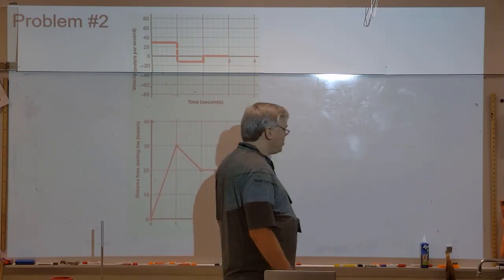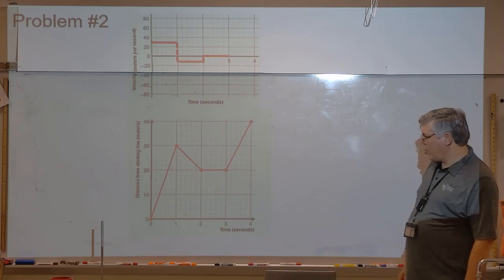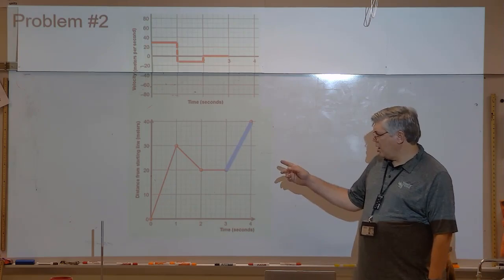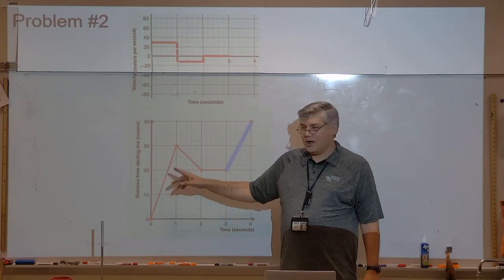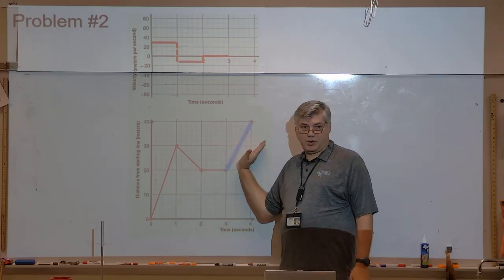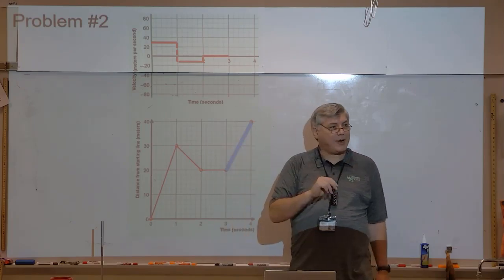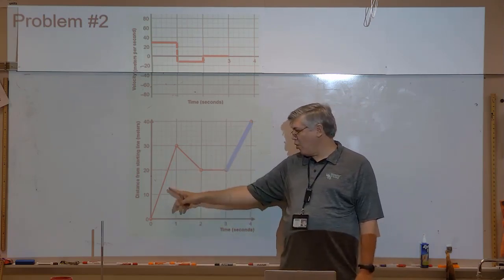And then the last one, are we going forward or backwards? Forwards. And is that steeper or less steep than that first one? Let me back up and ask you about how fast. Are we going faster here or faster here?